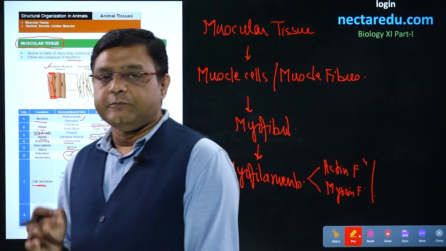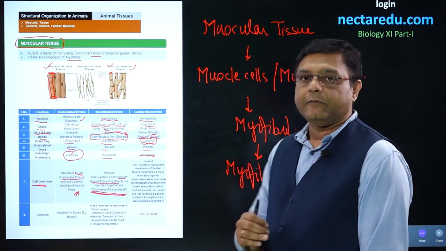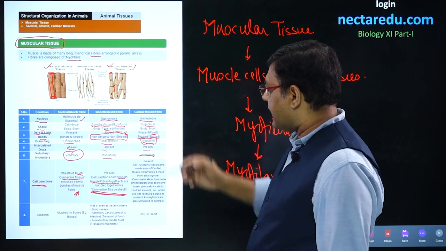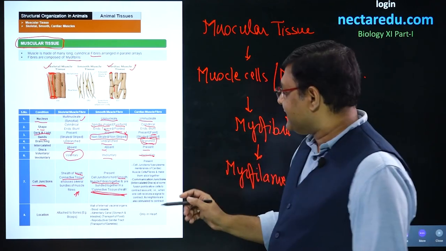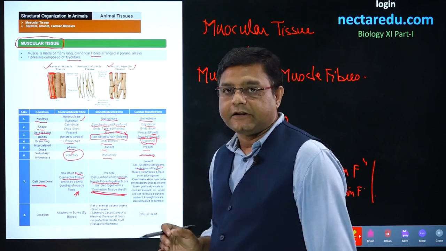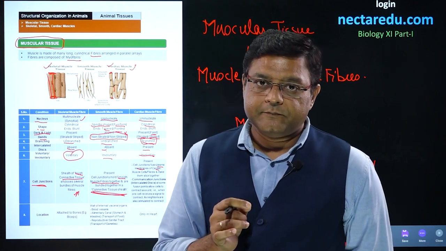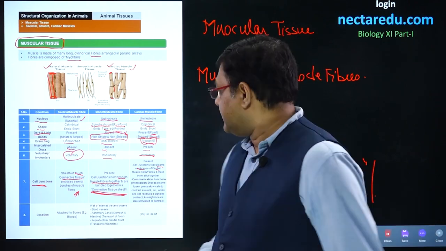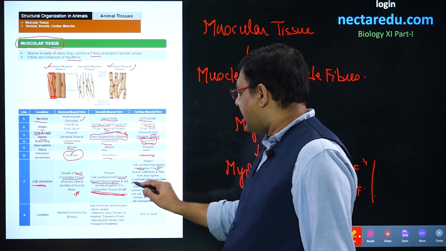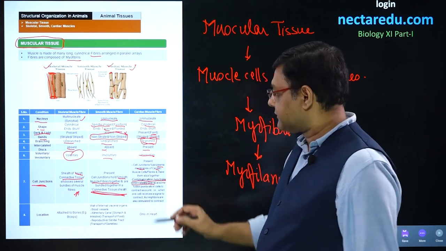Now, cell junctions become very important in cardiac muscle fibers. In cardiac muscle fibers, cell junctions will fuse the plasma membrane of cardiac muscle cells, and due to the fusion, these cells will stick together. At some fusion points, communication junctions or intercalated discs are present.